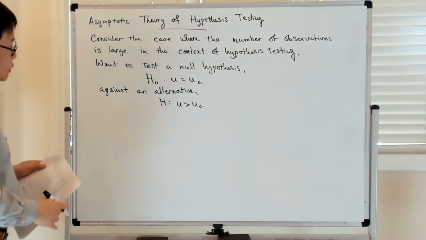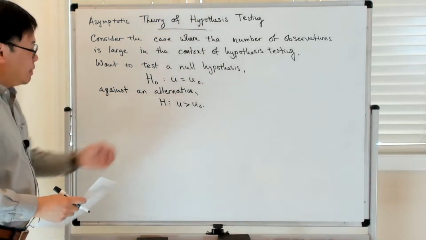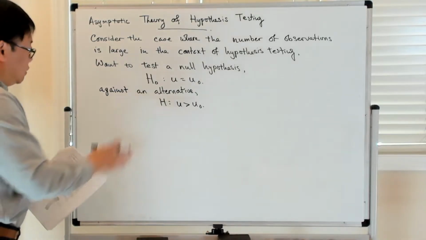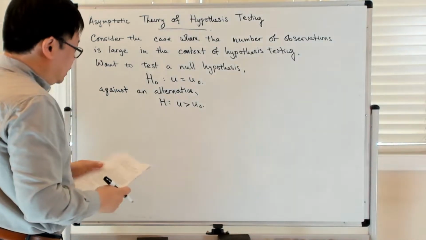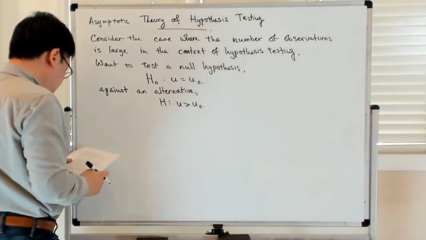Okay, so this is just a one-sided test. More generally, you might just care about whether or not it's equal or not equal. But just for the interest of illustrating this idea, let's just look at this one-sided test.